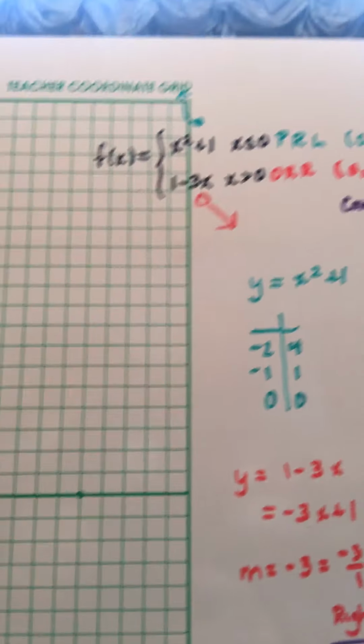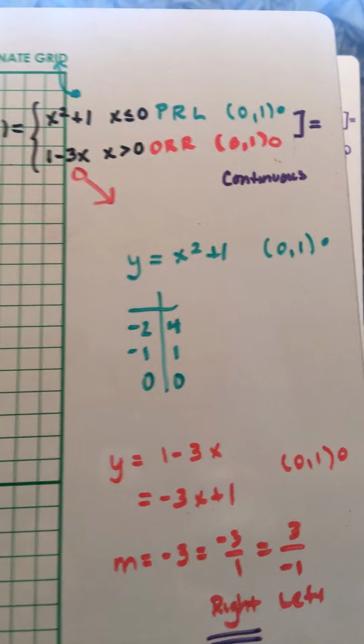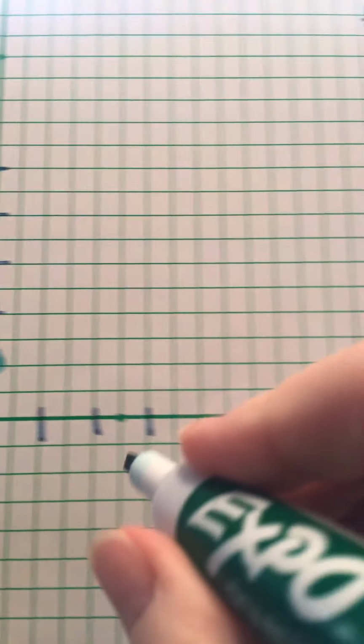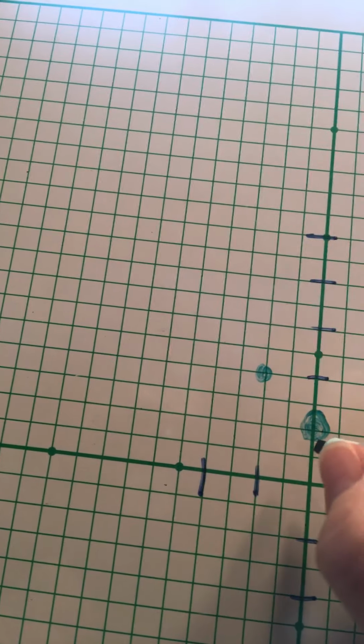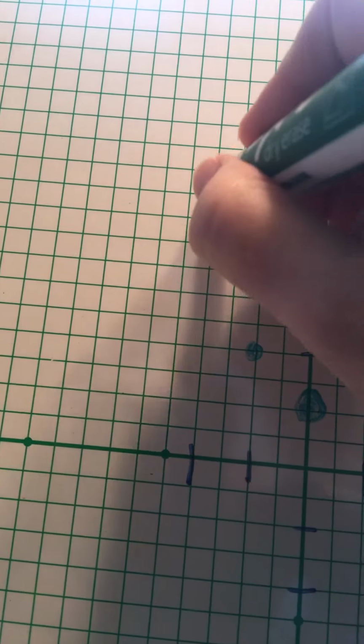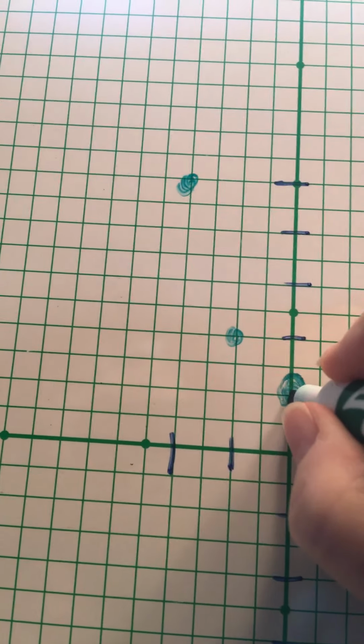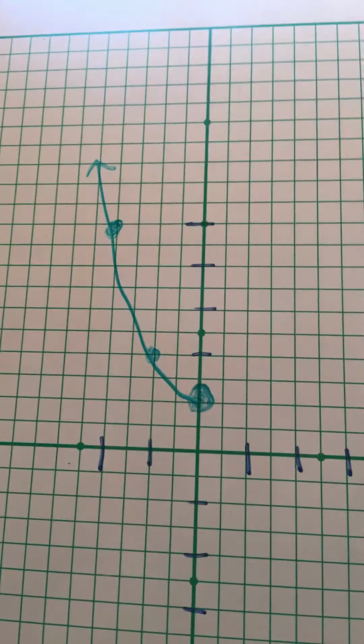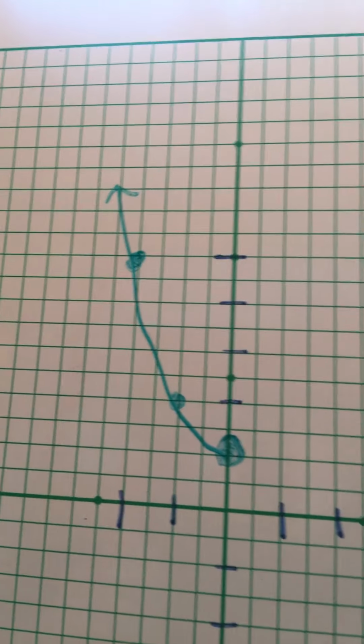That's a huge dot. And now I'm going to go left 1, up 1. And I'm going to come back and go left 2, up 4. And I'm going to draw my wobbly parabola.